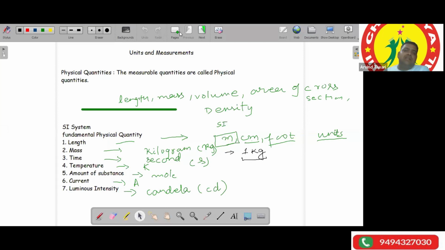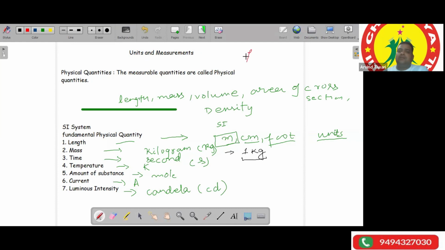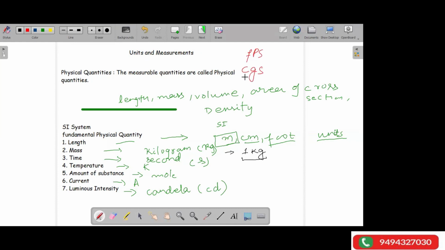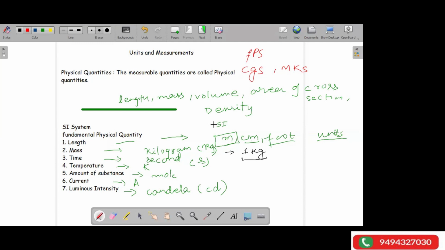Can you guess what the FPS system stands for? Foot, pound, and second. So FPS means foot, pound, second. CGS means centimeter, gram, and second. You have the MKS system: meter, kilogram, second. So these are the different systems of measurement. But throughout our studies, we will be referring to the SI system of units.